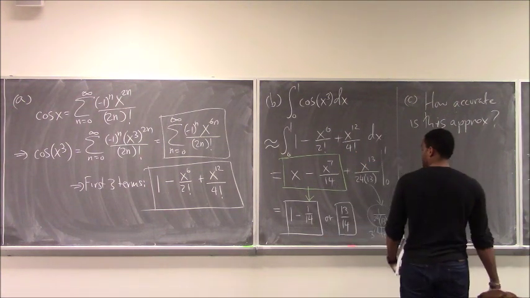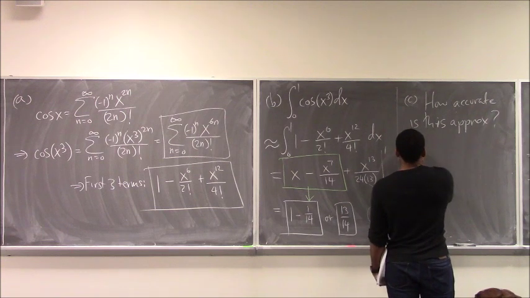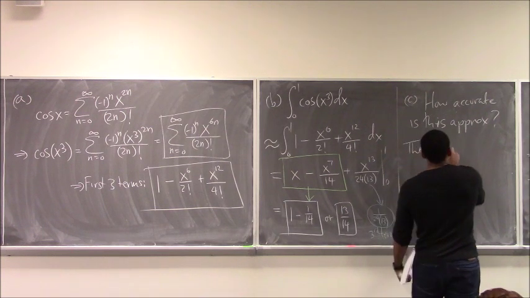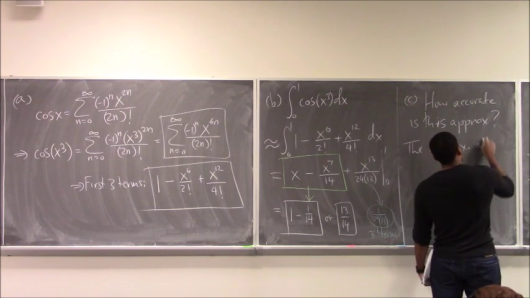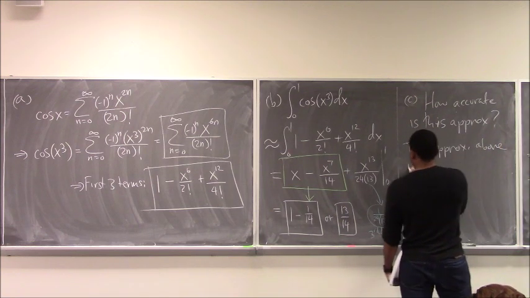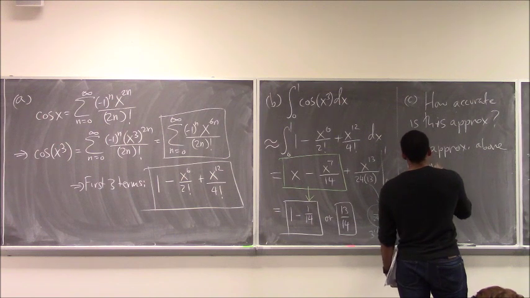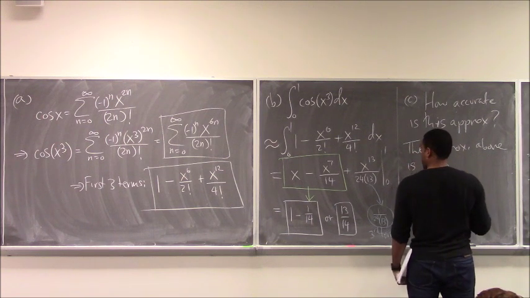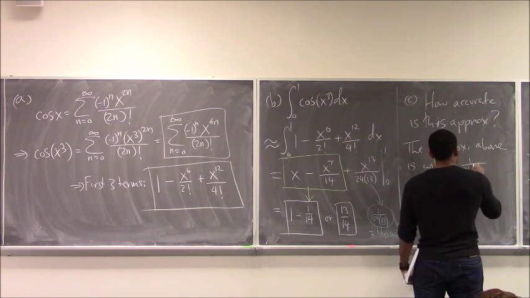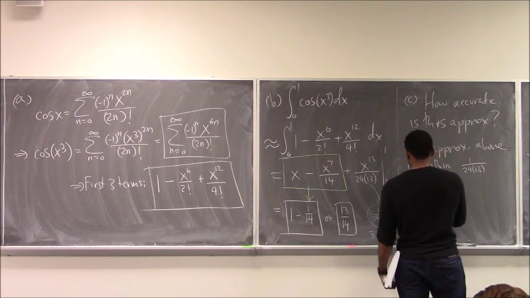And so the answer would be the approximation above is within 1 over 24 times 13 of the actual answer.